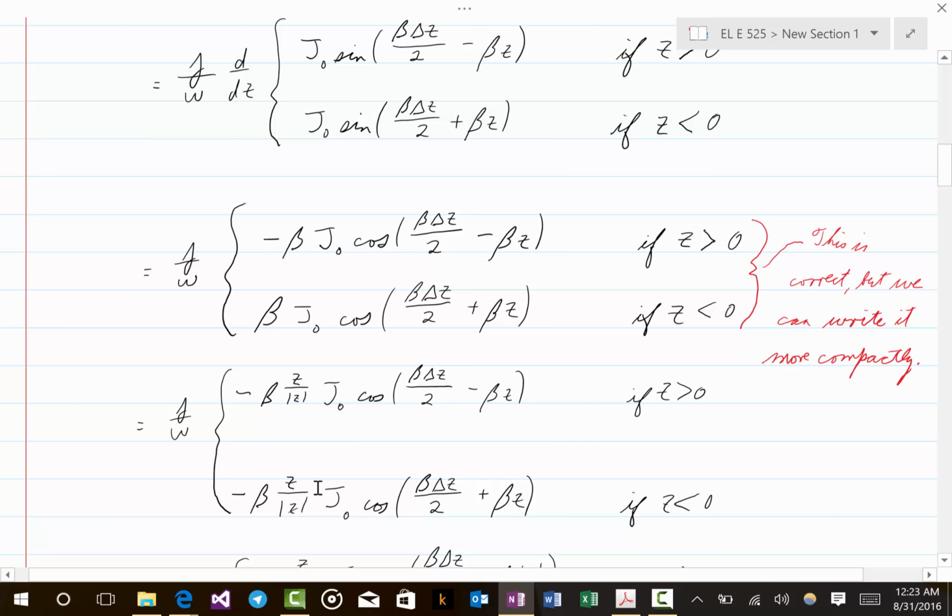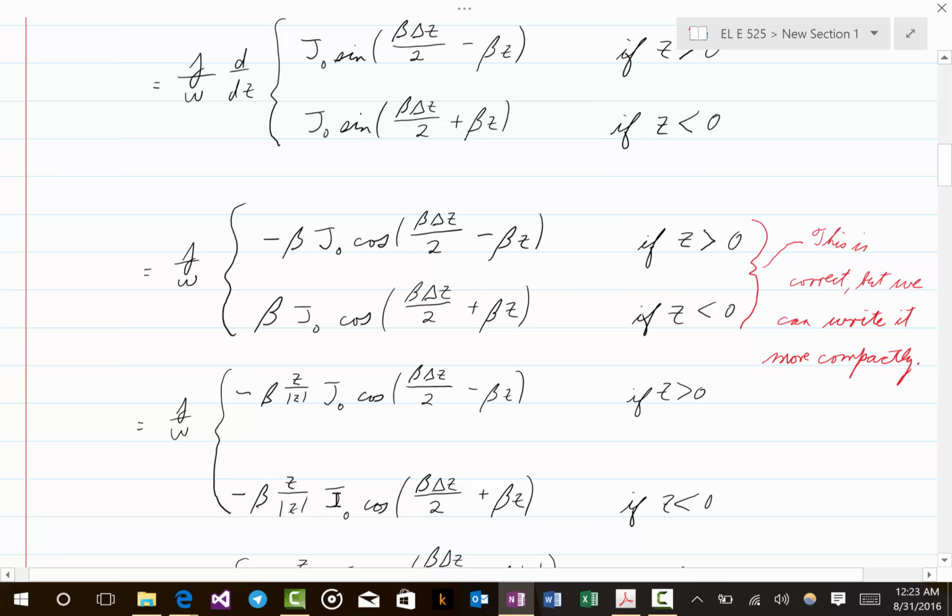Now, for the second expression, we bring down the beta, and we bring down the j naught, but then we're going to pull a trick here. We're going to put a negative sign in front and have z over absolute value of z for this term as well.